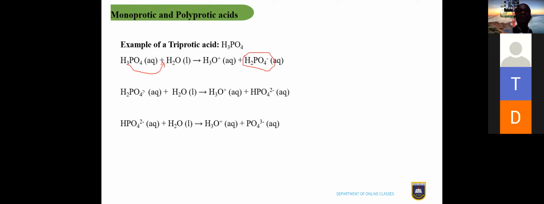Now, in the second reaction, the H2PO4 minus also donates a proton to water. Now, according to Lowry, this thing, H2PO4 minus, something that is an ion, an anion, can be considered as an acid.